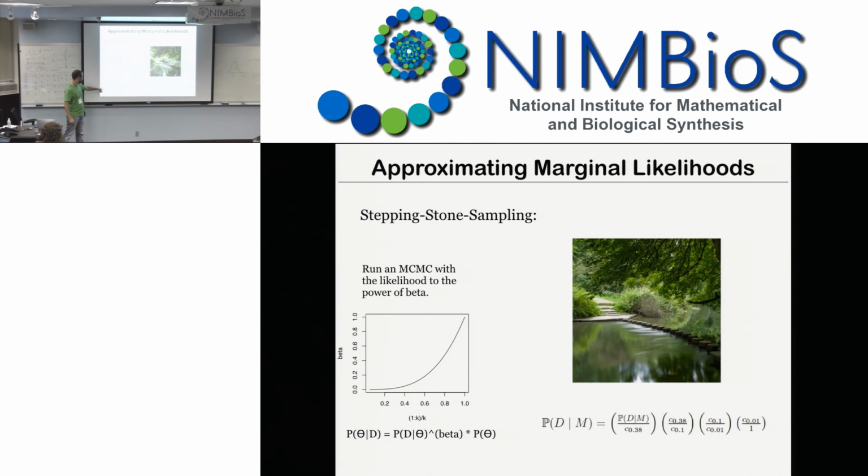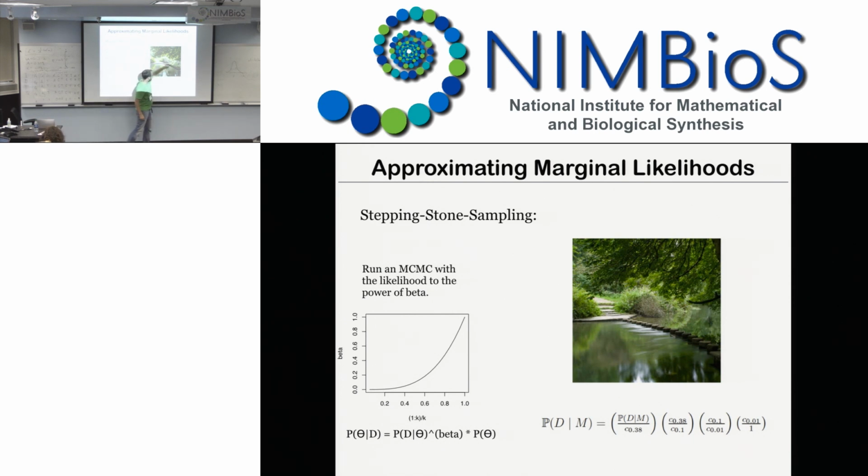So we have the standard likelihood, and we are raising the likelihood to the power of beta times the prior. If beta is 0, then we are just at the prior, and if beta is 1, then we are at the posterior distribution. So this is really the path that we are sampling along.